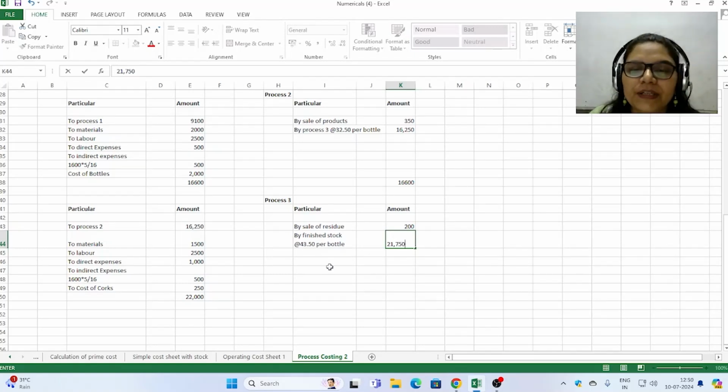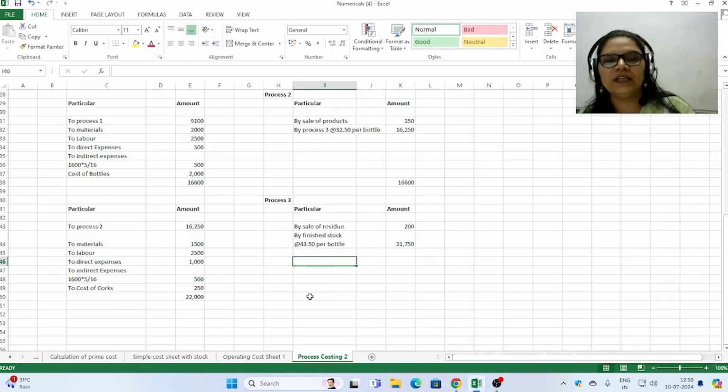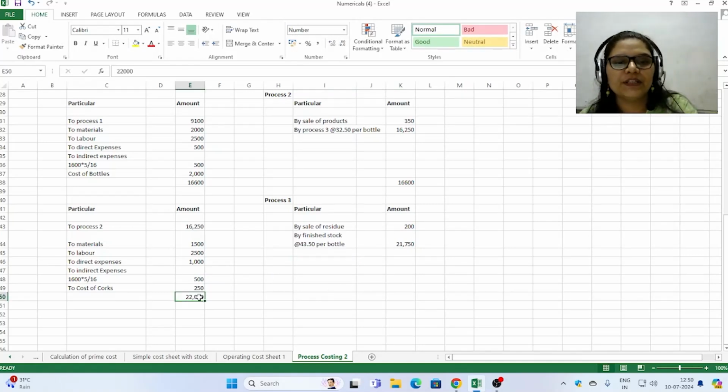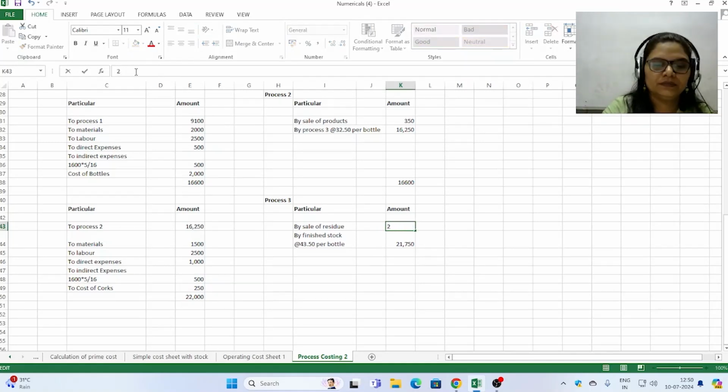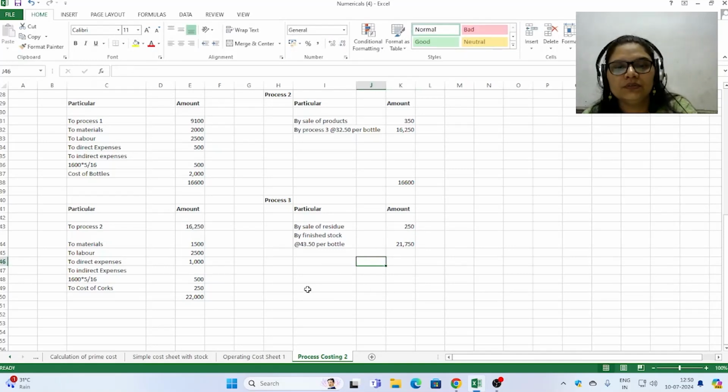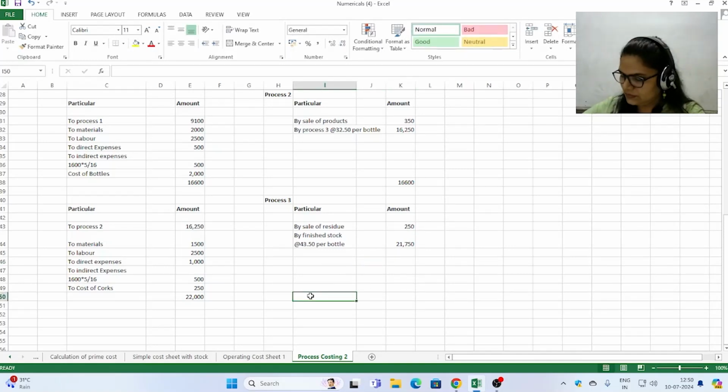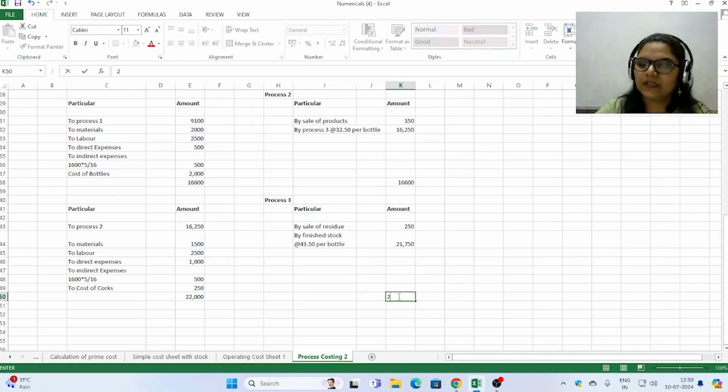So this is your 21,750, which comes out as 22,000 minus 250. Sorry, it's not 200, it is 250. So the total cost again in the closing balance we will write 22,000.